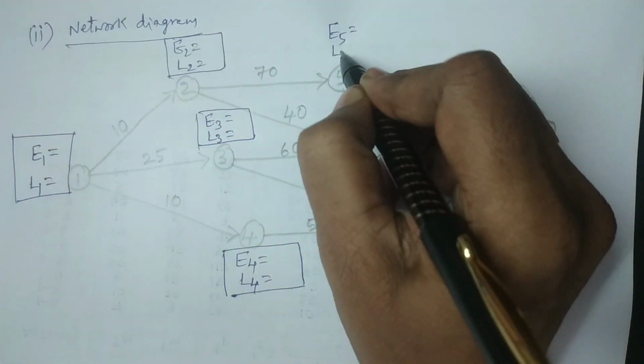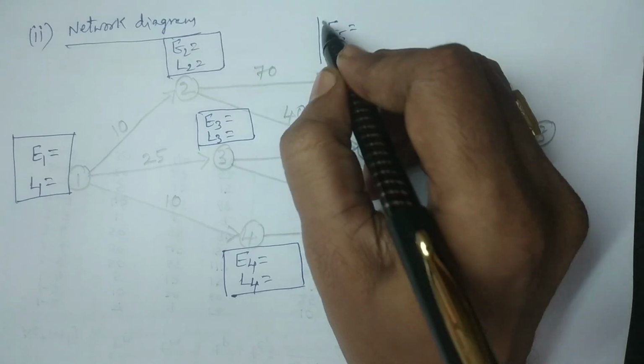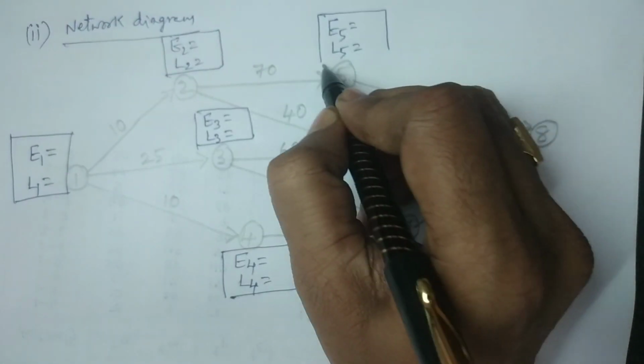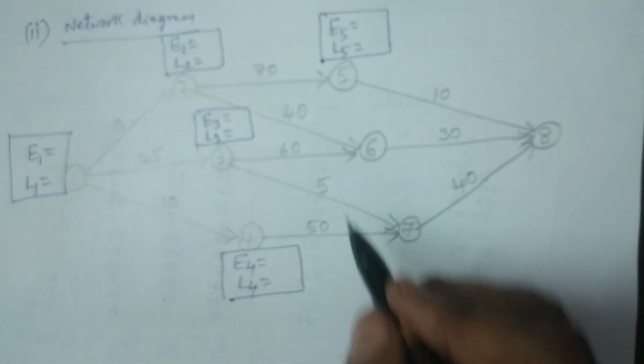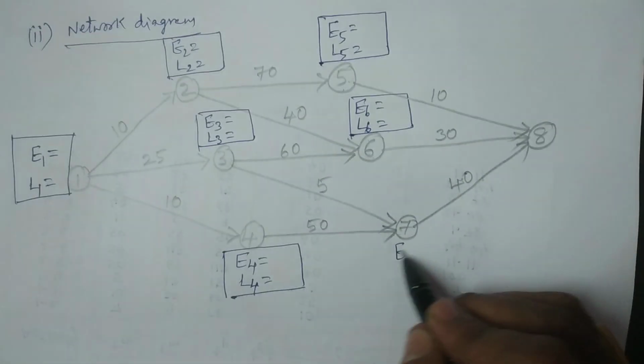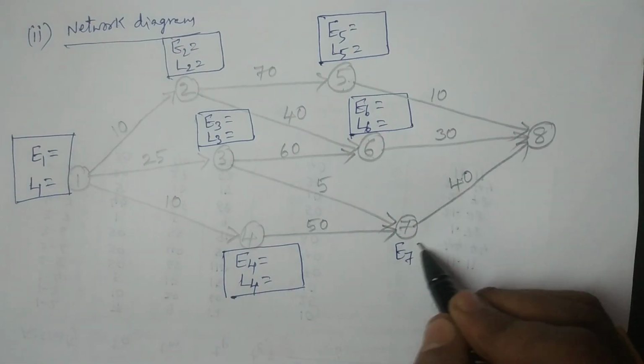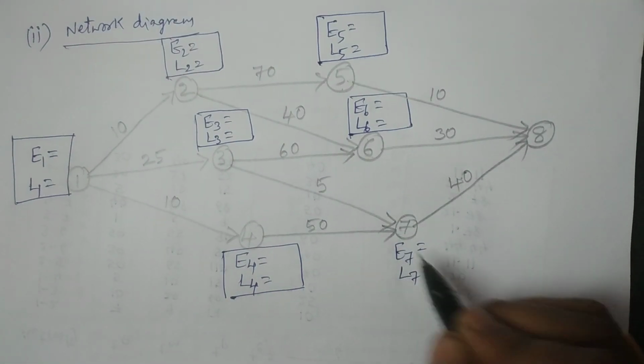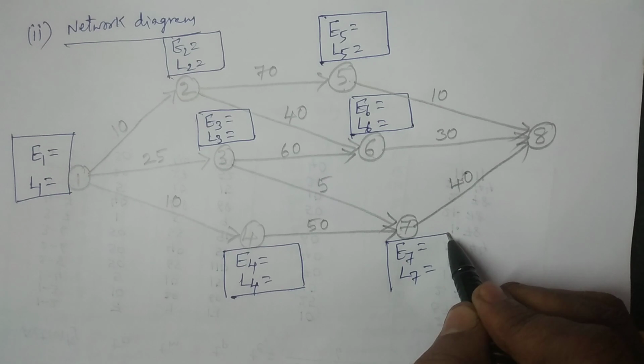How to calculate earliest times? They are calculated by using the forward pass calculations. And how to calculate latest times? Latest times are calculated with the help of the backward pass calculations. And we have calculated that in the CPM, that is the critical path method.